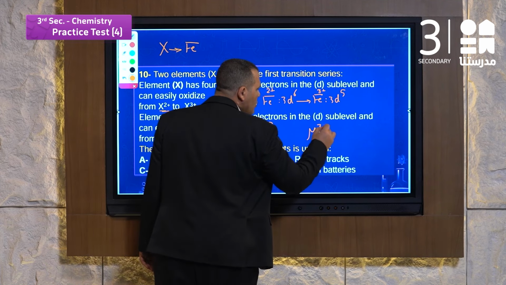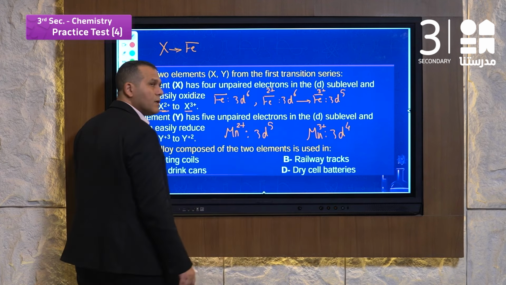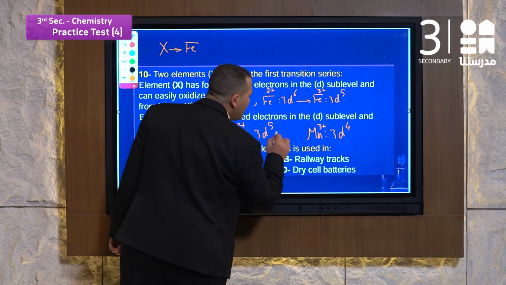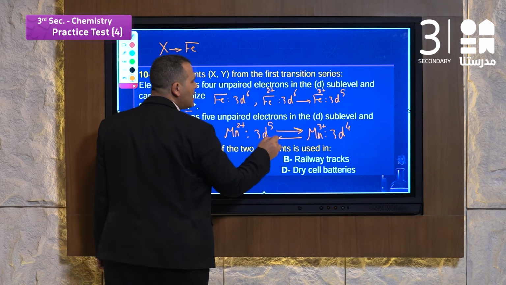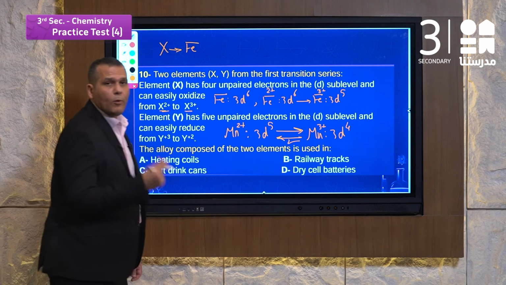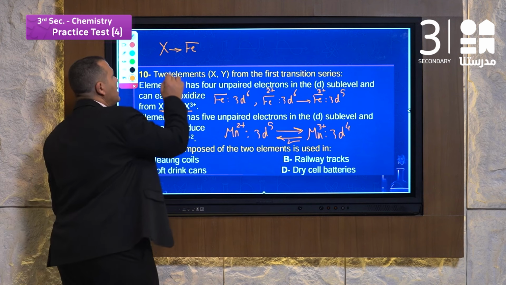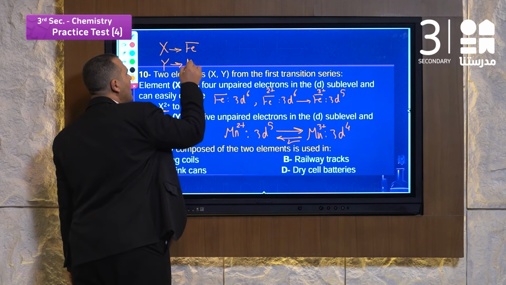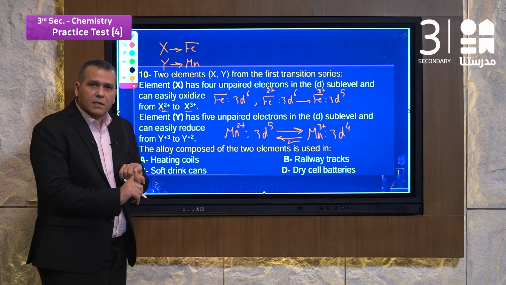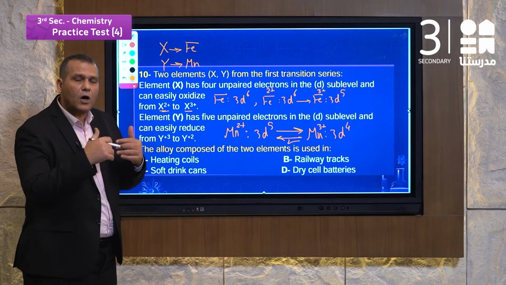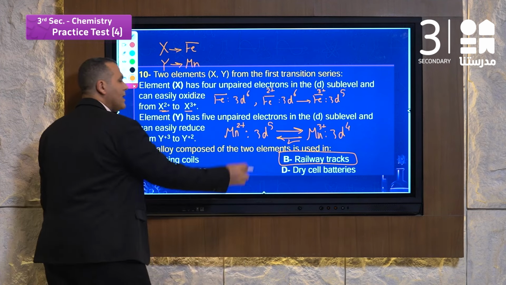Manganese 3 positive ends with 3d4, unstable. Manganese 2 positive is difficult to oxidize to manganese 3 positive, while manganese 3 positive is easily reduced. So if element Y is easily reduced from 3 positive to 2 positive, then Y is manganese. The alloy composed of the 2 elements, manganese and iron, is harder than steel and used in railway tracks. Correct answer B.